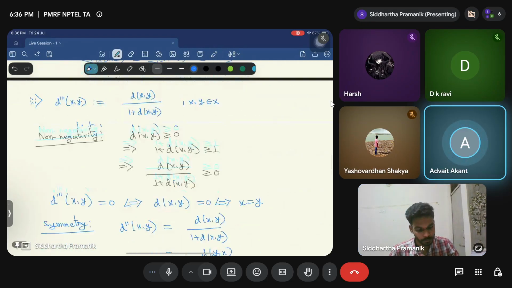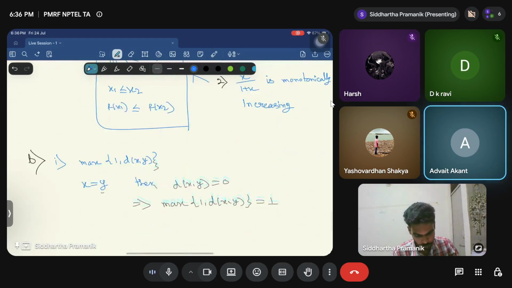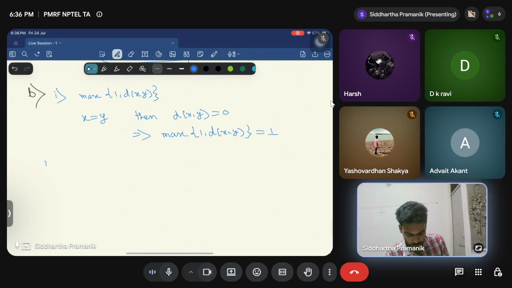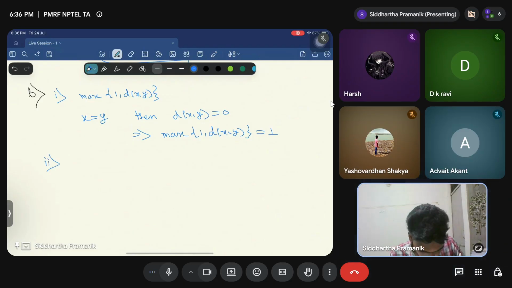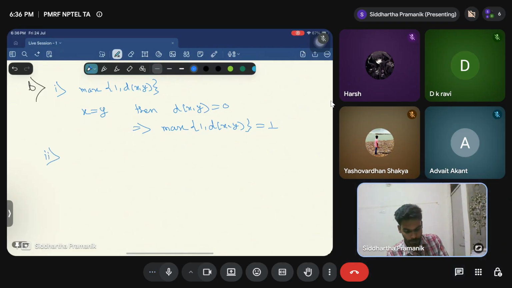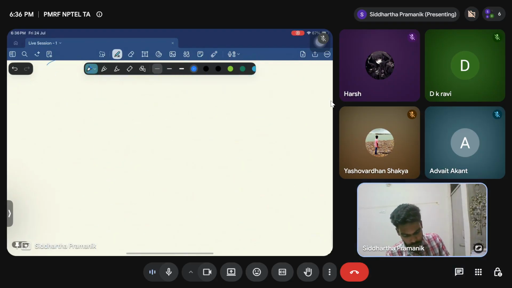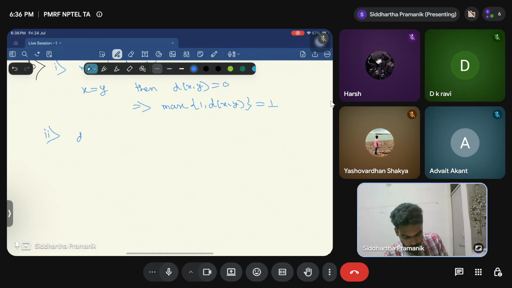I think triangle inequality will fail. Okay, yeah, you are correct, but can you give some explicit example? So, this is d square. So let's take d, the usual metric on R. So what will be then d square of x,y, basically the square of this.